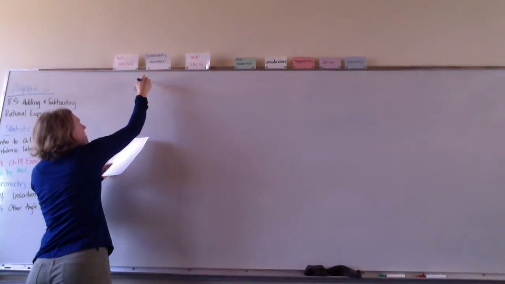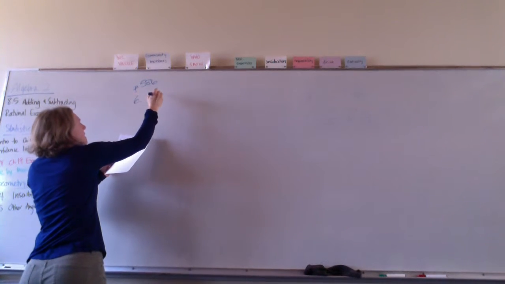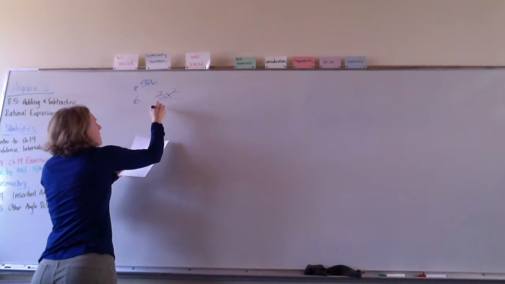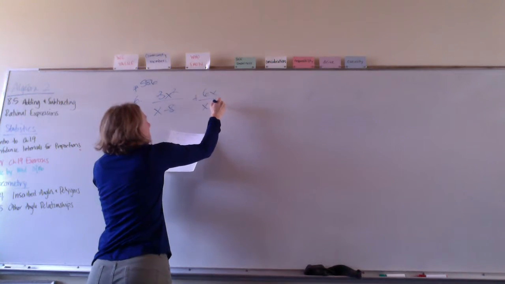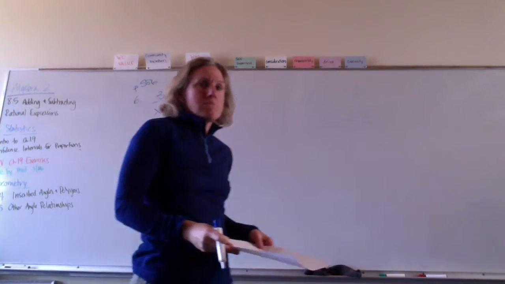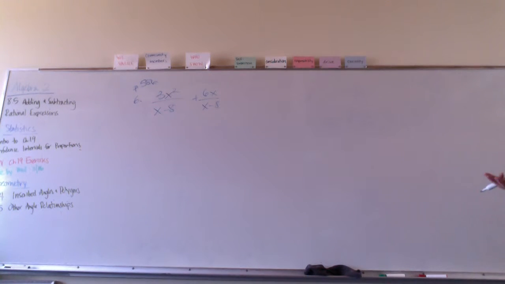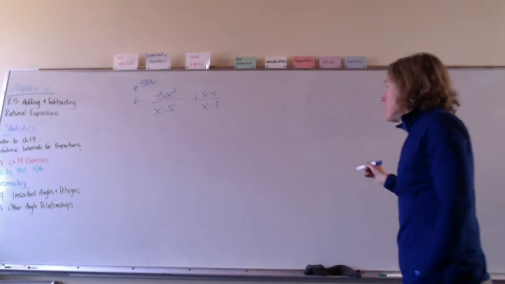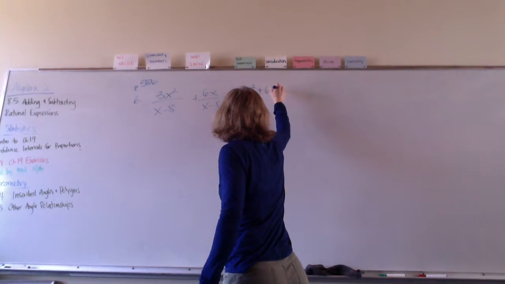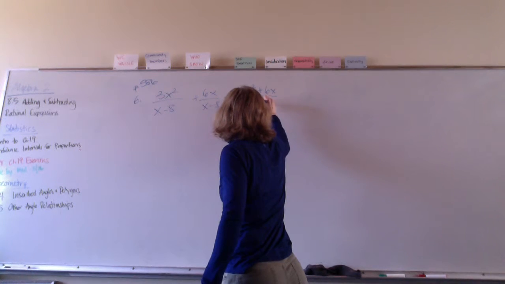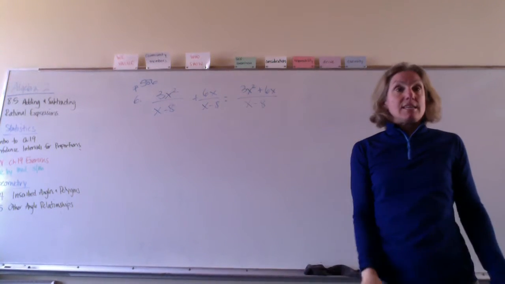They're on page 586. So 3x squared over x minus 8 plus 6x over x minus 8. They have a common denominator. So that's just 3x squared plus 6x over x minus 8.